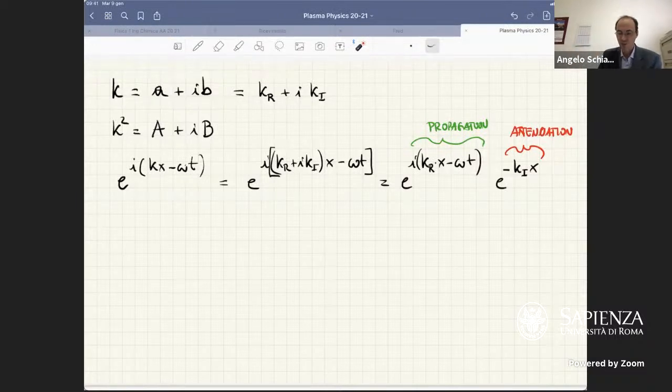So on Friday, we'll describe the propagation properties first inside the plasma, and then we focus our attention on the fact that the intensity of the wave is gradually absorbed inside the plasma. So these terms here will allow us to describe a way of transferring energy from the electromagnetic wave to the plasma itself.